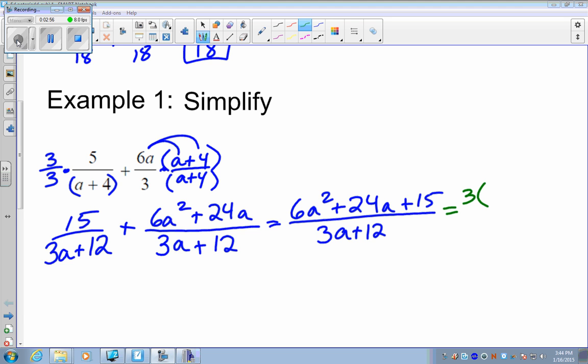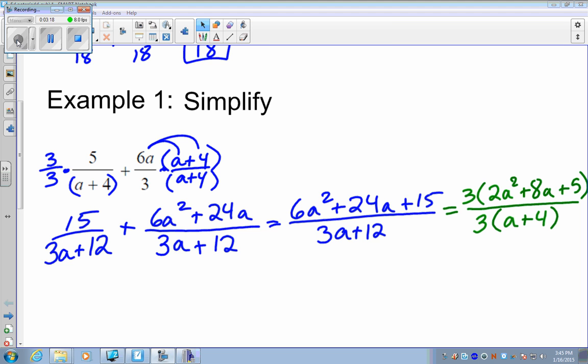And what's left, we have 2a squared left side. 24a divided by 3, you get 8a, and 15 divided by 3, you get 5. On the denominator, I see I can again factor out a 3. So I have a plus 4 left. And right now I see that I have 3 in the numerator, 3 in the denominator. 3 divided by 3 is 1. 1 times what's remaining, it's just what's remaining, so we just say they cancel.